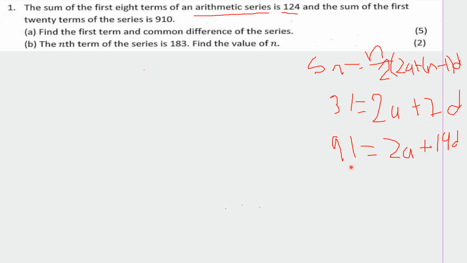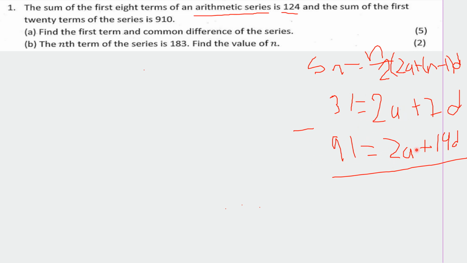So when I apply the elimination method, I will subtract this equation from this equation, or you can subtract this one from this one. It doesn't matter which one you do. I'm just going to subtract this one from this one, because the one at the bottom has the bigger number, so I'm avoiding negative numbers, but it doesn't matter actually.